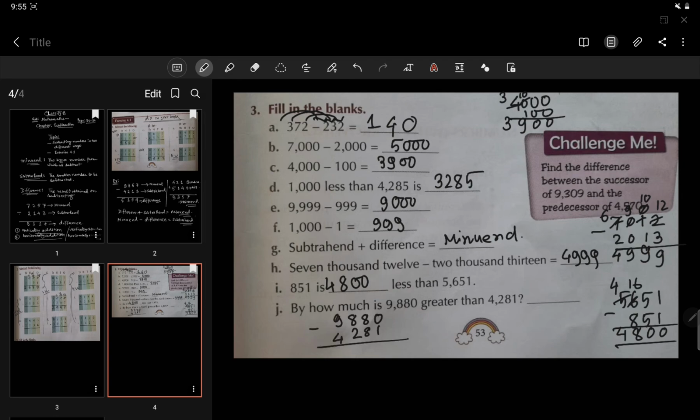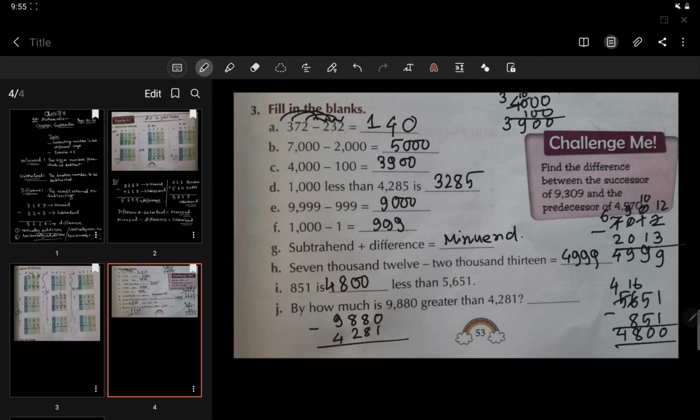And the last question, question J: by how much is 9880 greater than 4281? So you have to subtract. 9880 is our minuend and the subtrahend is 4281.